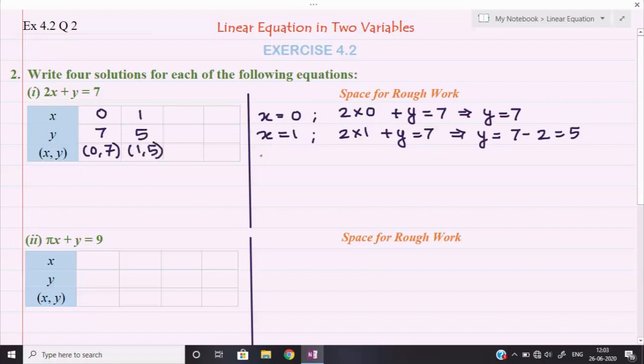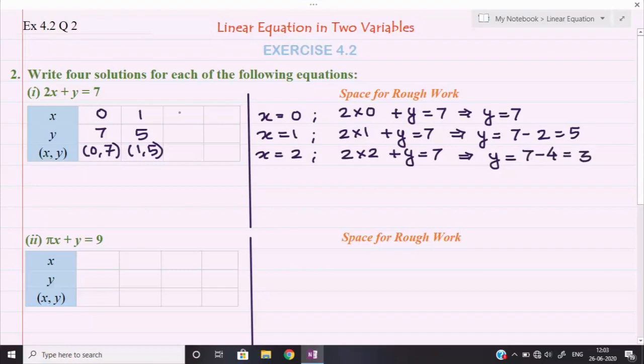Now similarly, if I take x equal to 2, what is the value of y? It will be 2 into 2 plus y is equal to 7. So y is equal to 7 minus 4, since 2 into 2 is 4 and 4 goes to the other side, which will be equal to 3.